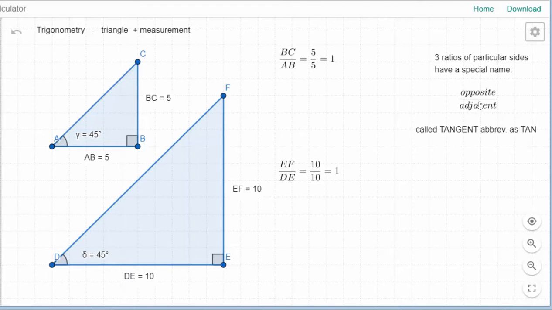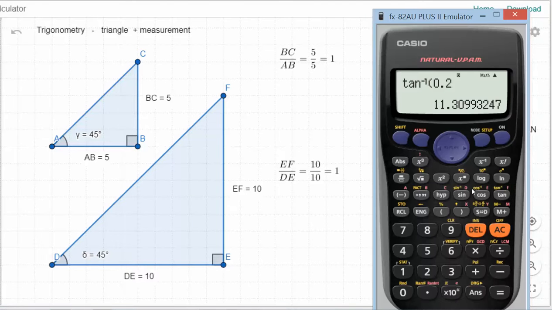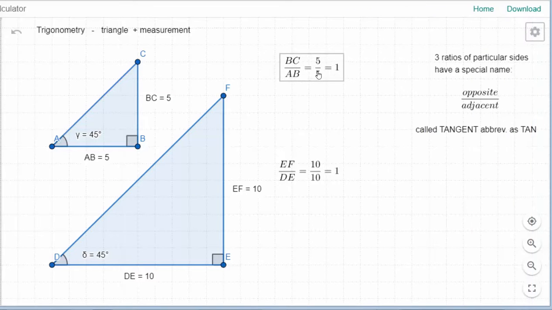Now in the first video we introduced that this ratio has a name, we call it the tangent ratio, or abbreviate it as tan. And you can check on your calculator what the tangent ratio is for 45 degrees. You type tan 45 and you get 1, which is what we're showing with our measurements of the triangles on the screen.